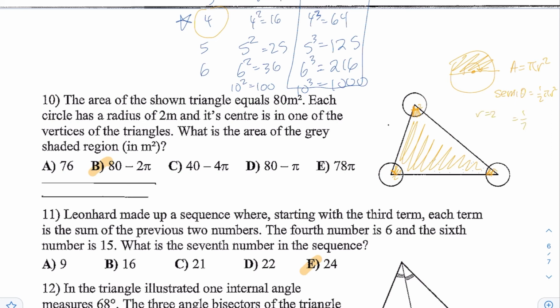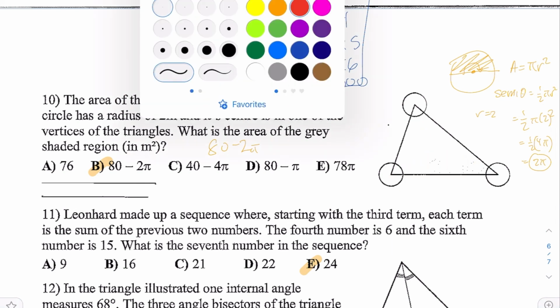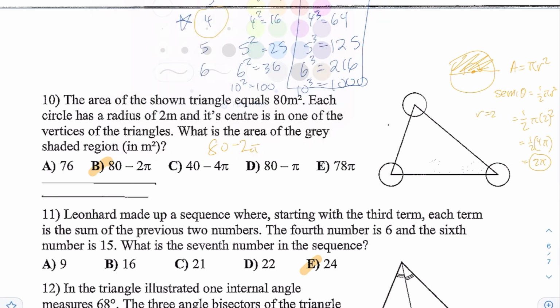So that'll be 1/2 pi times 2 squared, or 1/2 of 4 pi, which is equal to just 2 pi. You want to subtract 80 minus 2 pi. And that will give you the area of the piece that should be shaded gray. So that would be that area.